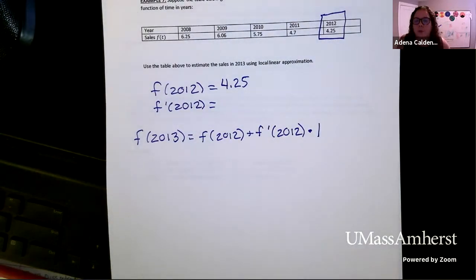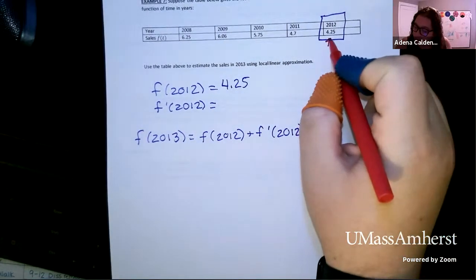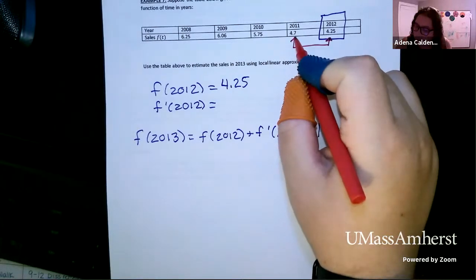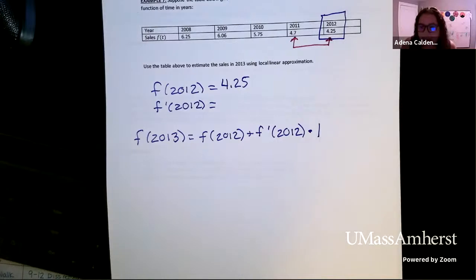So now I also need the derivative at that point in order to be able to use my formula. The way that we approximate the derivative on a table, again, is by using the average rate of change. Normally I would do this to the left and to the right and then average them, but I don't have that option here because I'm at the end of the table. So I'm just going to use the left-hand approximation.